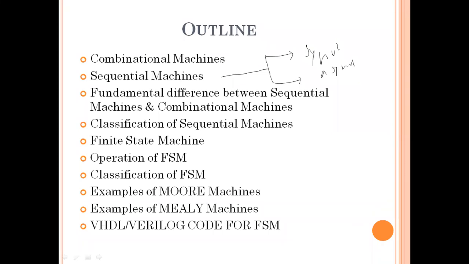I will see how much you know about the FSM and digital systems. The question is very simple. Is the microprocessor an FSM or not?